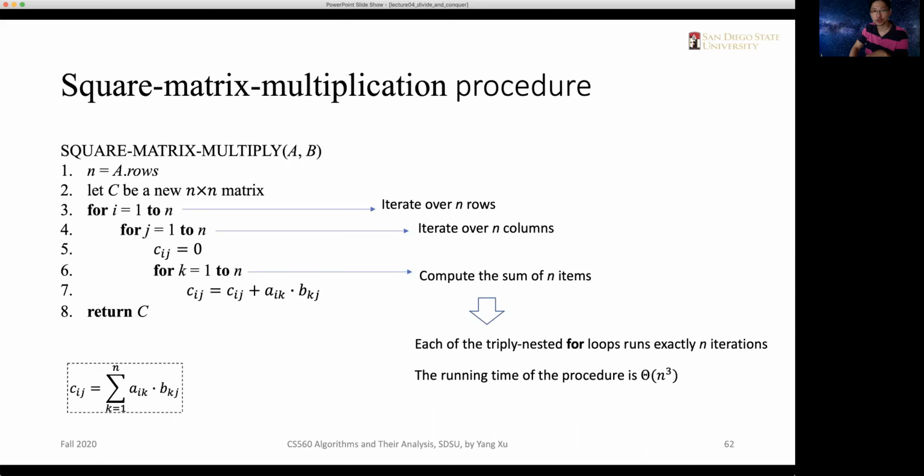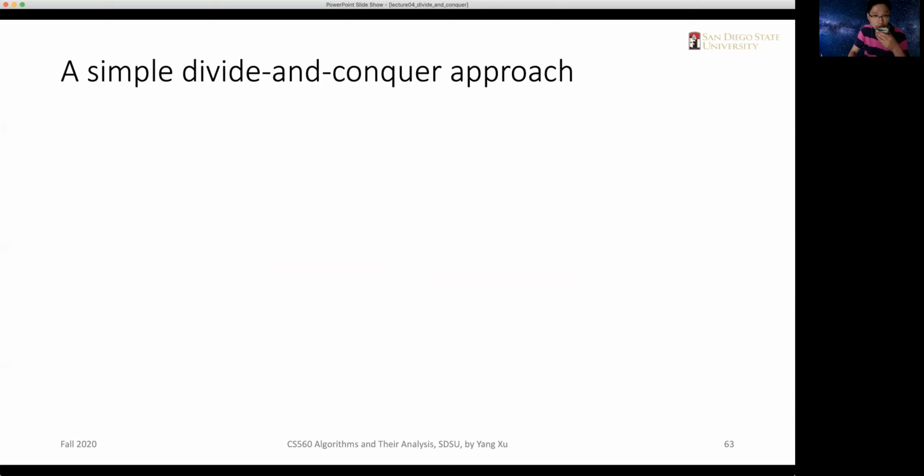Okay, so we want to see whether divide and conquer algorithms can help save us some time compared to this cubic function, because it's pretty expensive, right? We cannot stand an n squared function, not to mention a cubic function. Okay?